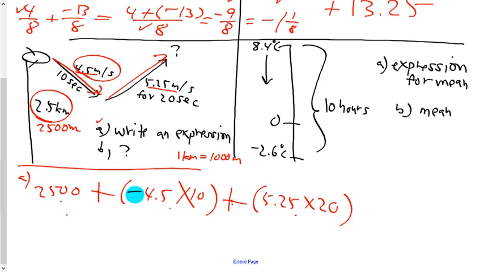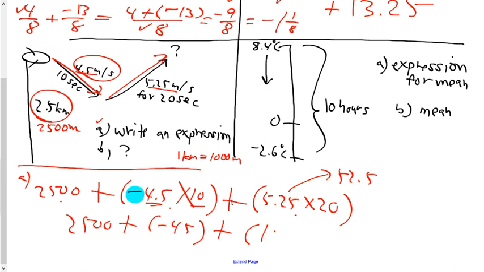So 2,500 plus, everyone in the room should be able to do 4.5 times 10. You just move the decimal over. It's negative 45. And 20 is not much more difficult because if you can multiply by 10, what would 5.25 times 10 be? 52.5, right? That's if you multiplied it by 10. If you multiply it by 20, you just have to double that, which is 105.